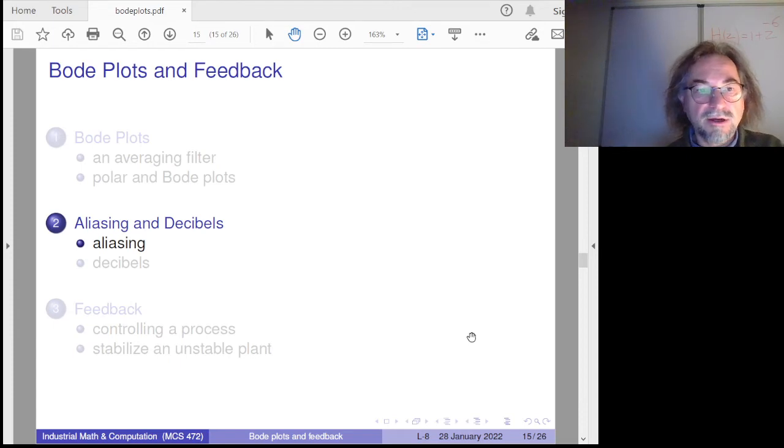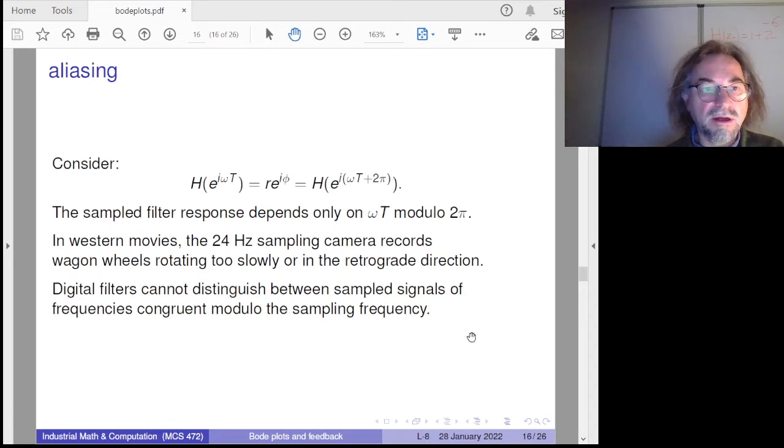Let me emphasize the aliasing effect of a filter. We can also get this from the periodic nature of the outcome of the theorem.